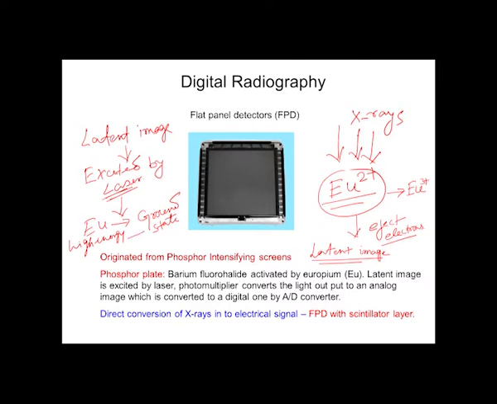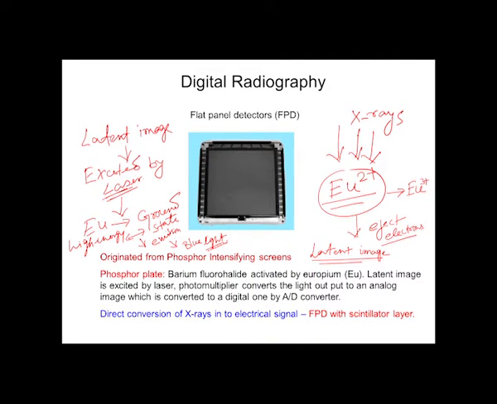So, this energy difference when it comes back to the ground state from the higher energy state will be released as light emission, and in this case the light which is emitted will be in the wavelength range close to blue. So, this will emit blue light. This kind of phosphor, composed of barium fluorohalide activated with europium, is a blue emitting phosphor.